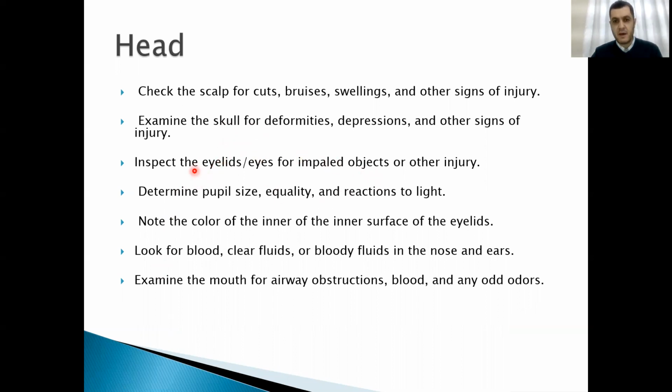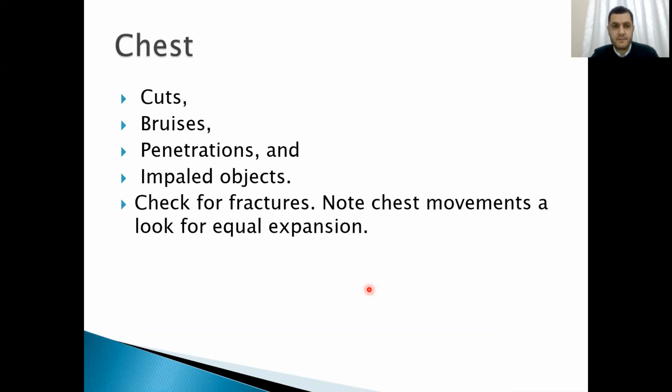You have to examine the eye, and check for any impaled objects in the eye, and determine pupil size, equality, and reactions to light. Again, note the color of the inner surface of the eyelid. Look for blood, clear fluid, or bloody fluids in the nose and ears. Examine the mouth for any obstructions, blood, and any odd odors.